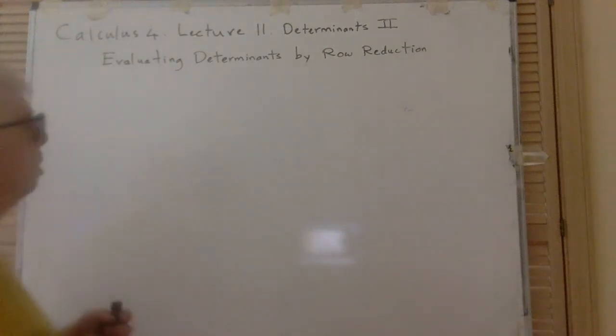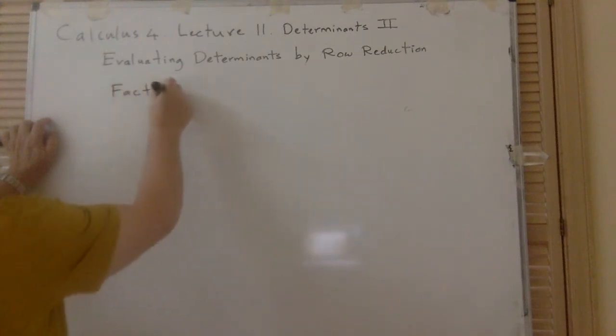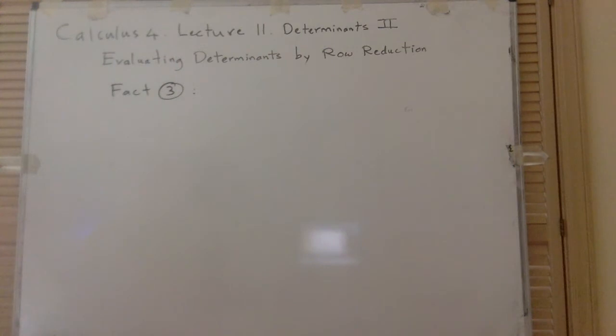Now, number 3 is this. If 2 rows of a matrix, or 2 columns, no difference, this also can be used for columns, but let's use it for rows. If 2 rows or 2 columns of a square matrix are the same, then the determinant of the matrix is 0.